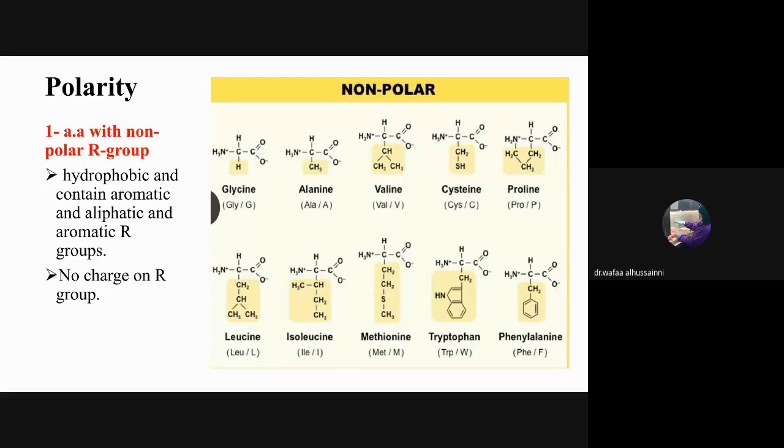The first type is an amino acid with a non-polar R group. Let's take alanine.